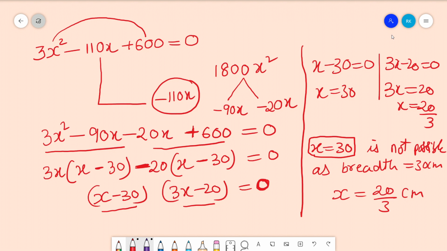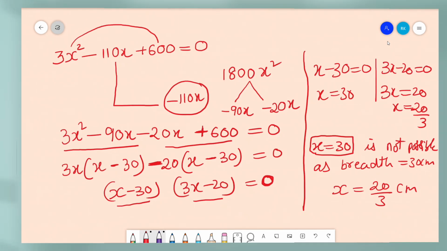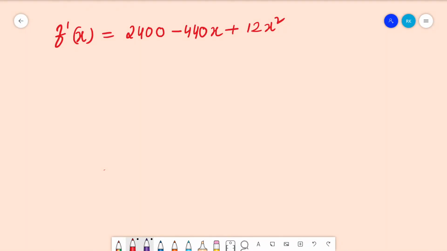To know whether this is maximum or minimum, we have to find f double dash x. So let us find f double dash x. This is f dash x. Let's find f double dash x.